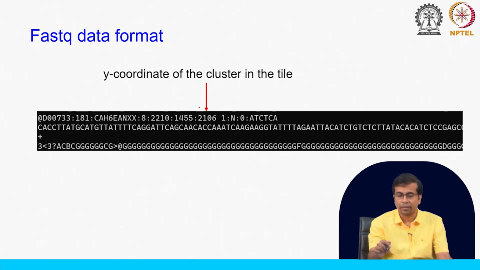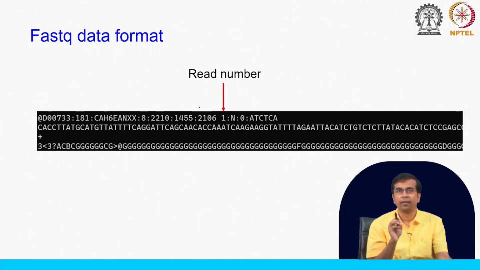Now you have the other part. The first part is about the machine and the location in the flow cell; the other part is information about the read. This one is the read number, and it can mean two things.